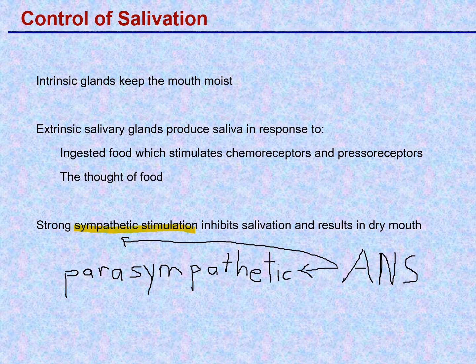It depends what tissue you're looking at, what kind of organ you're looking at. Often the sympathetic upregulates, but sometimes it inhibits. And often the parasympathetic inhibits, but sometimes it stimulates. It really depends on the organ you look at. In the case of salivary glands, sympathetic stimulation, output of the autonomic nervous system through the sympathetic division, will cause inhibition of salivation and result in a dry mouth.